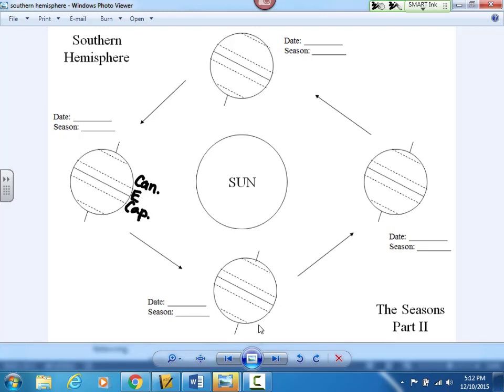We're going to do that on all of our pictures. Next, label the Arctic Circle and the Antarctic Circle on each of your pictures.